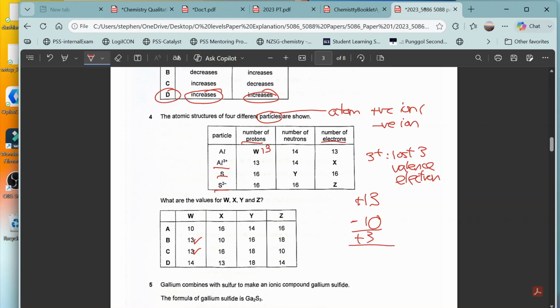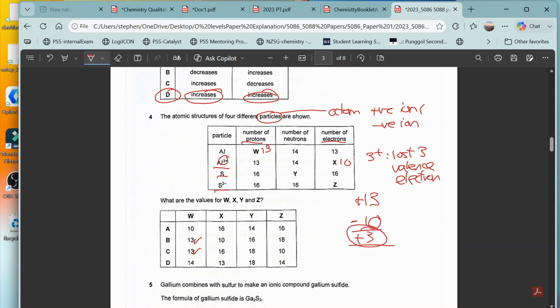Isn't it positive 3? Right? In ions we write 3 plus, we don't write plus 3. But you can see that it's positively 3 charged. So that means this X must be 10. The other one is the same.